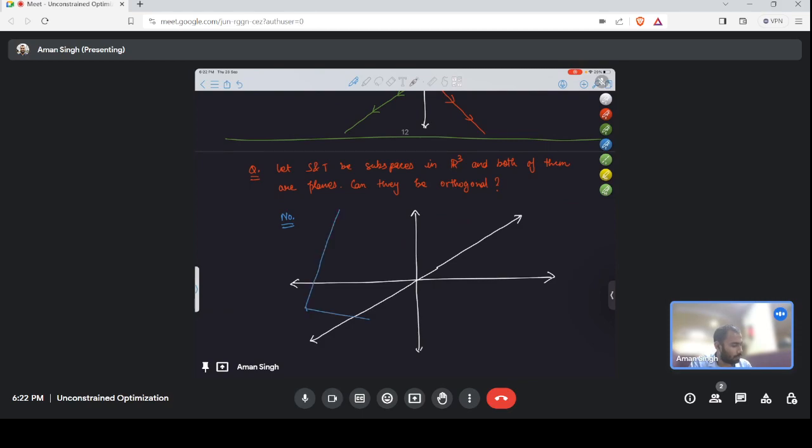Let's say this is one of the planes passing through the origin. Let's say this is another plane passing through the origin such that they are perpendicular.